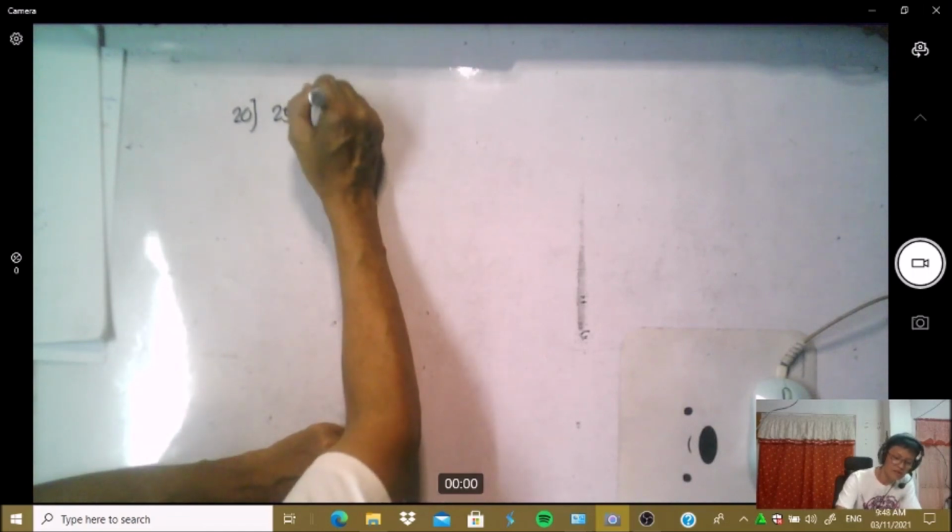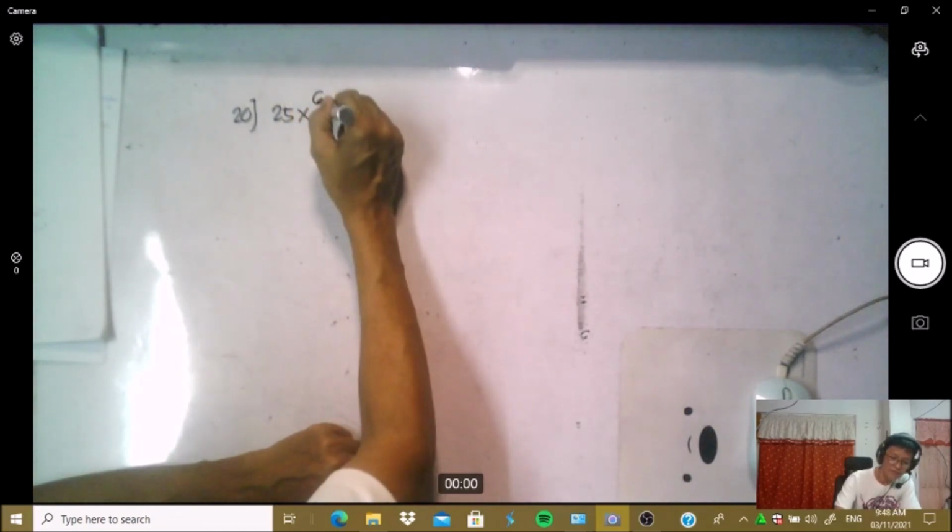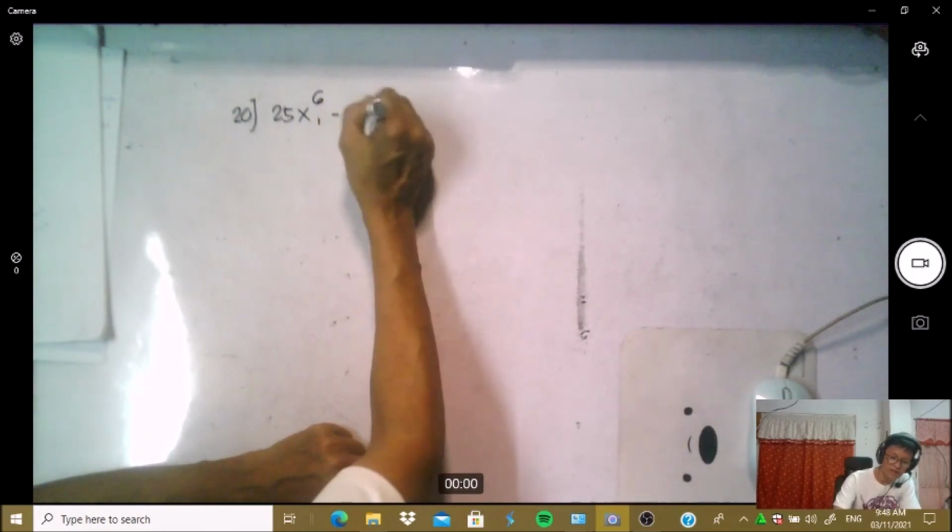Okay, for our last number for addition of monomial, we have 25x raised to 6, and we have negative 8x cubed.